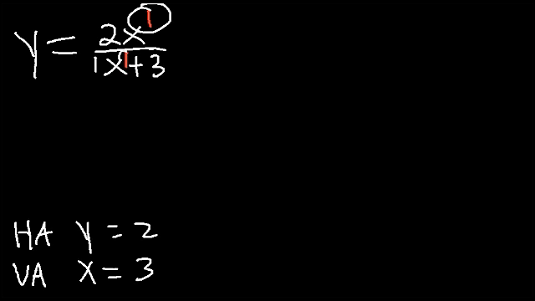If they have the same degree, simply divide the coefficients of the highest terms, 2x and 1x. Now, if it's top heavy, if the degree of the numerator is higher than that of the denominator, then there is no horizontal asymptote. If the numerator exceeds the denominator by 1 degree, you may have a slant or an oblique asymptote. But if it's 2 degrees or more, then there's no horizontal or slant asymptotes.